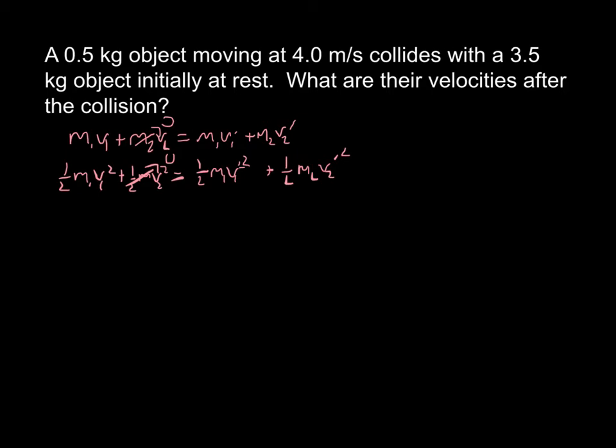Now, I don't want to have to deal with the messy squared terms when I'm doing this, so I'm going to start with my momentum equation and solve for, let's say, v1 prime. So v1 prime, based on my conservation of momentum equation, would be m1 v1 minus m2 v2 prime, divided by m1, and then I could substitute that in for v1 prime in my kinetic energy equation. Actually, we could even take a little step here and say that I have 1/2 in every term, so my halves are going to cancel out.